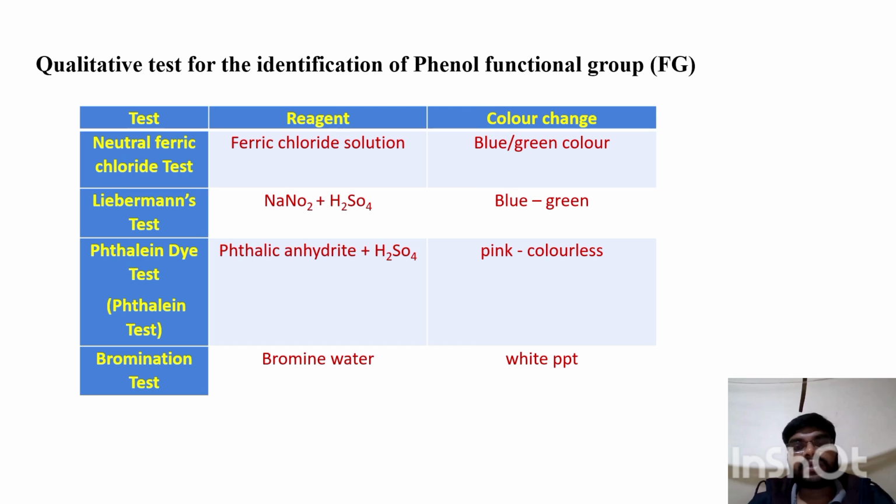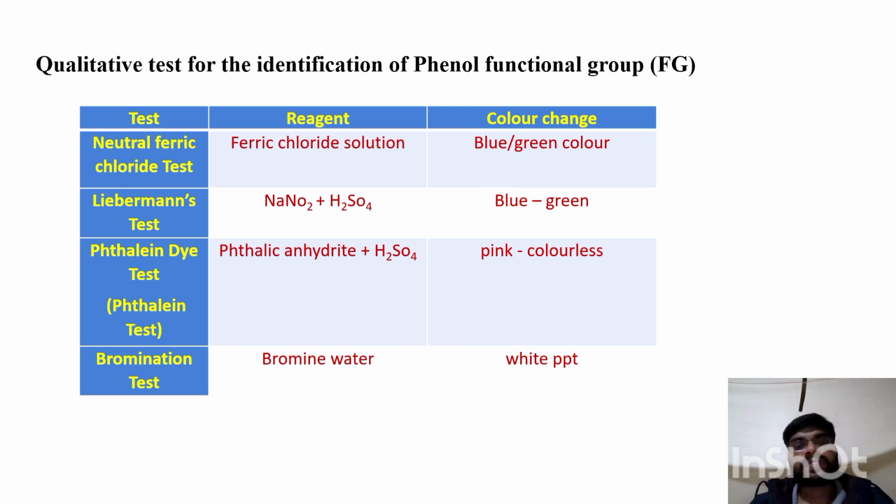Then by visual identification with your eyes only, adding ferric chloride to the phenolic sample changes it to blue or green color. This is the color indication. If blue or green color is present, the sample contains a phenolic OH group.